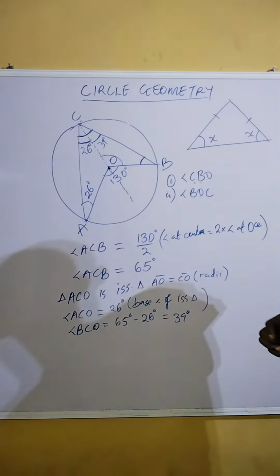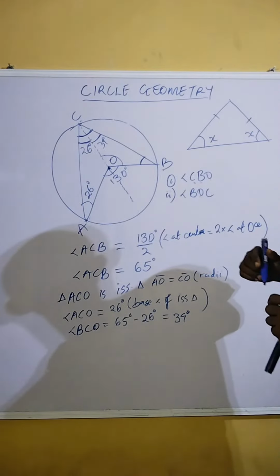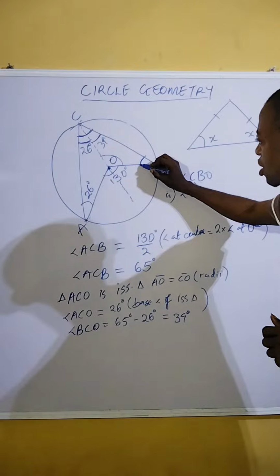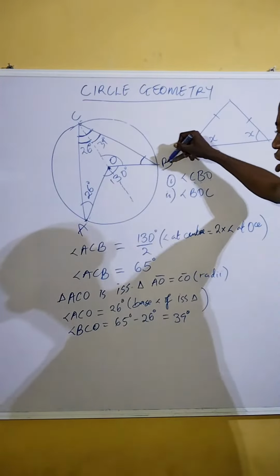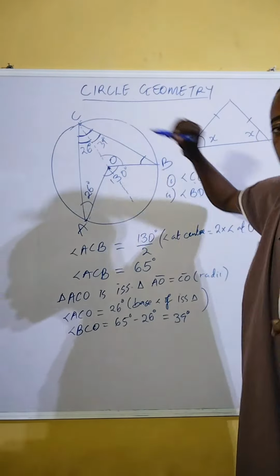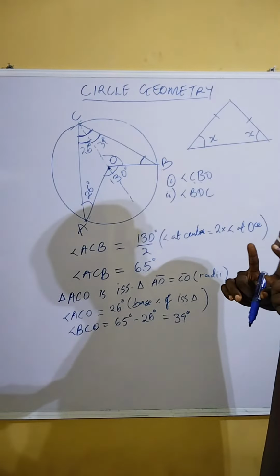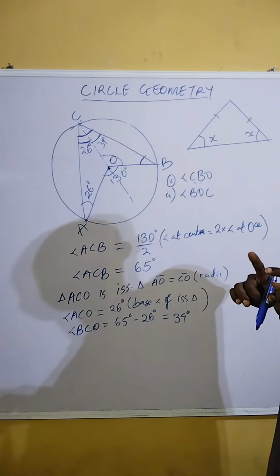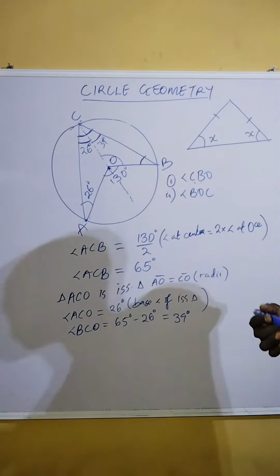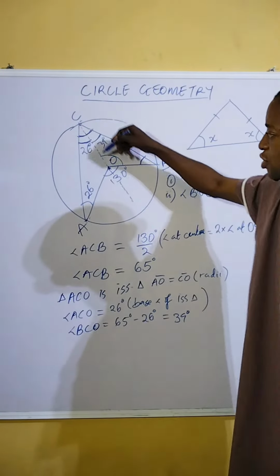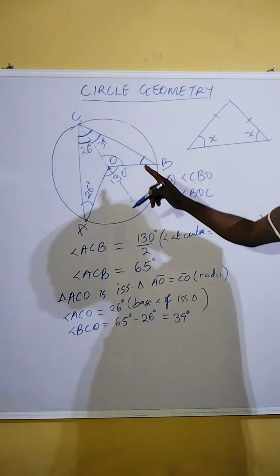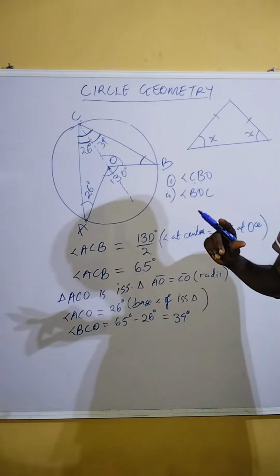And what next? Similarly, this angle we are finding now is also the same thing as this. Why? Because this triangle BOC is also an isosceles triangle. How is this an isosceles triangle? You can see that line BO and line CO are the same thing. Both are radii, making two sides equal.